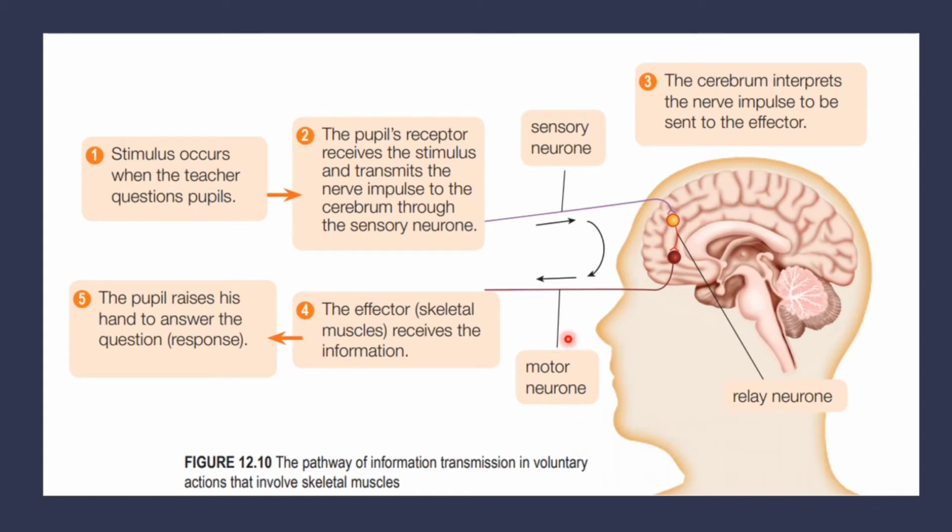Then the effector, which is skeletal muscles, receives the information that is sent through the motor neuron. And finally, the pupil raises his hand to answer the question.